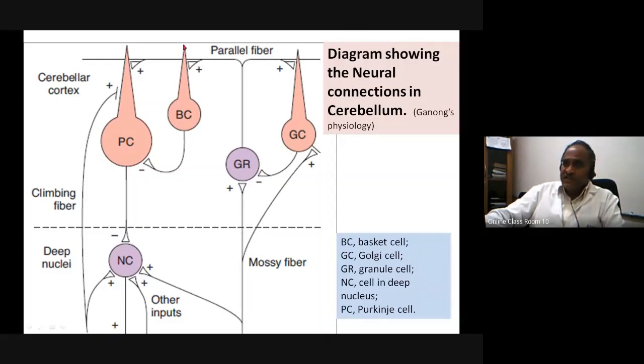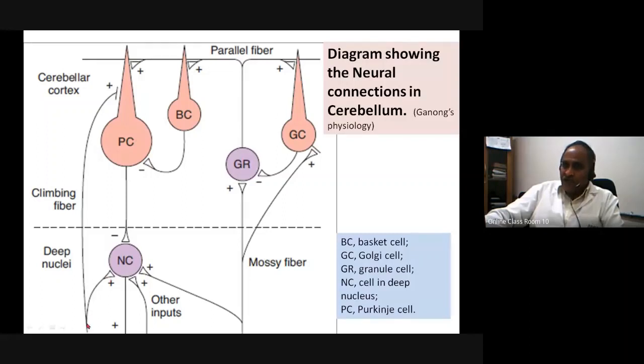This is a dendrite, and this is an axon. You just see here, this is making contact here. What is this? This is the axon of the granule cell. So the axon of the granule cell makes contact with the dendrites. This part is the dendrite, axodendritic.